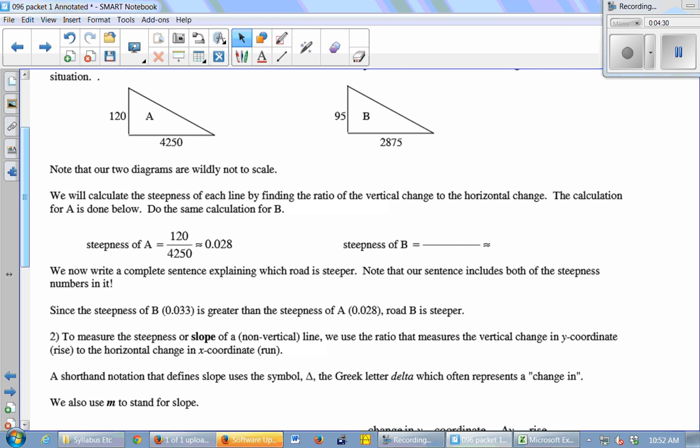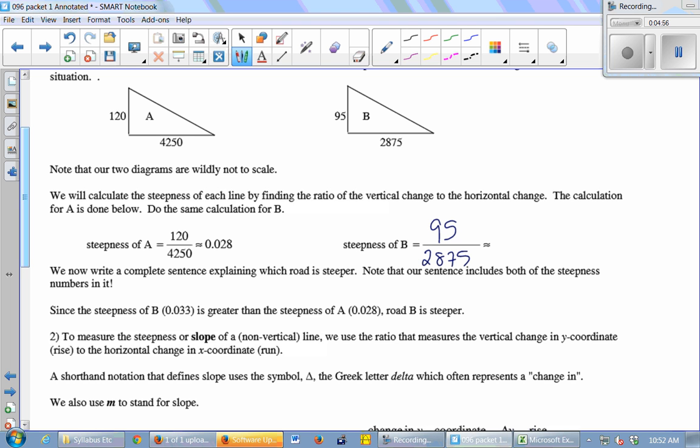So let's look at the steepness of road B. What's my vertical change for road B? 95, so that goes on top. Vertical is always on top. And my horizontal, 2,875. And we put that in the calculator. How would you type that into a calculator? Divided by, right?